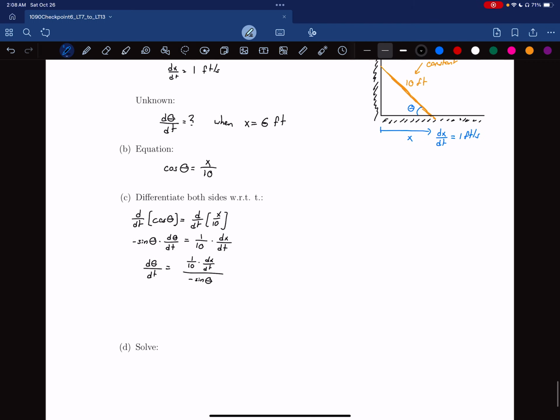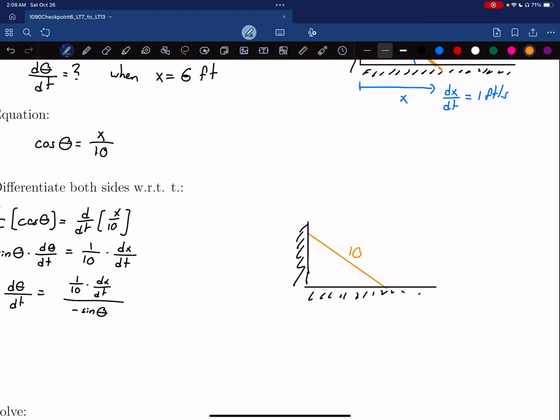So let's go back and draw another little piece of the problem. I'm going to have this ladder here, and I'm going to have the wall, and the floor. So we know that the ladder has a length of 10 feet.